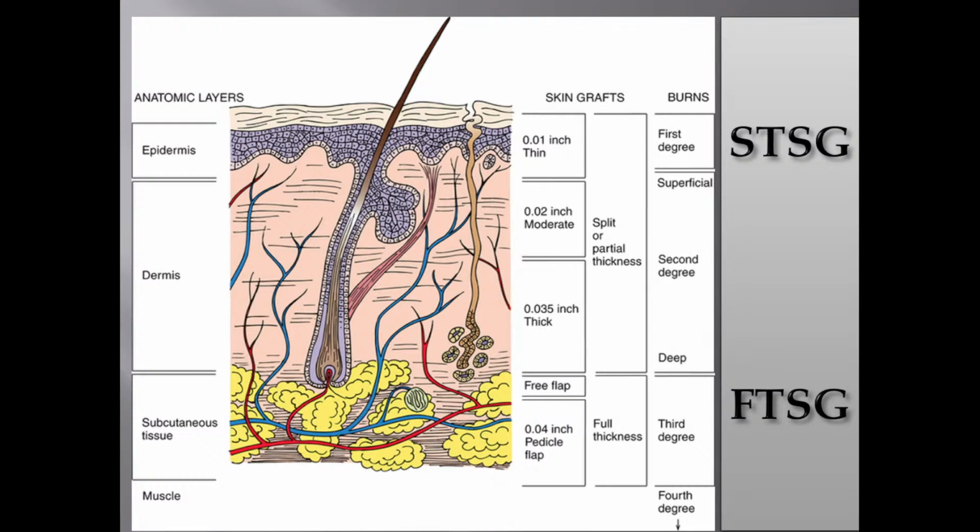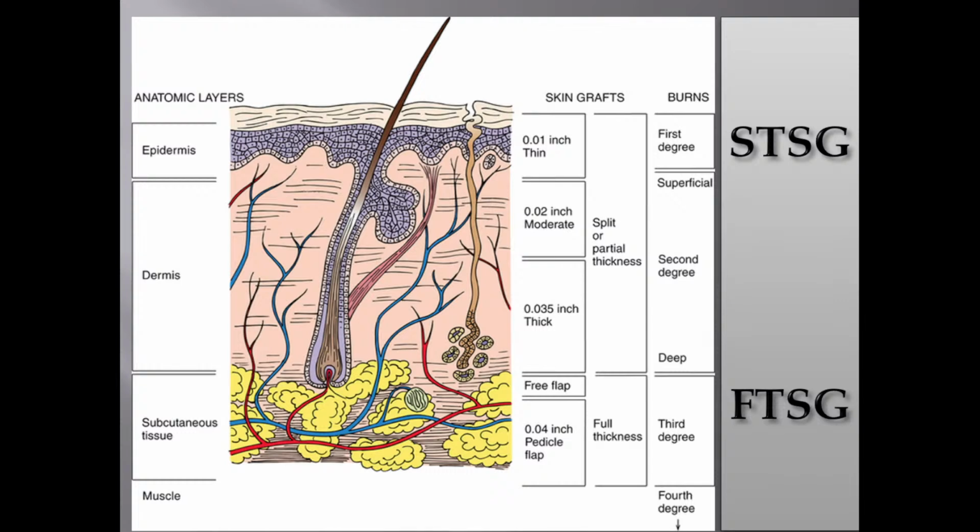Of course, it's understandable that full thickness skin grafts contain or involve all layers of the skin, and split or partial thickness grafts can be thin, moderate, and thick according to the thickness of these grafting tissues.